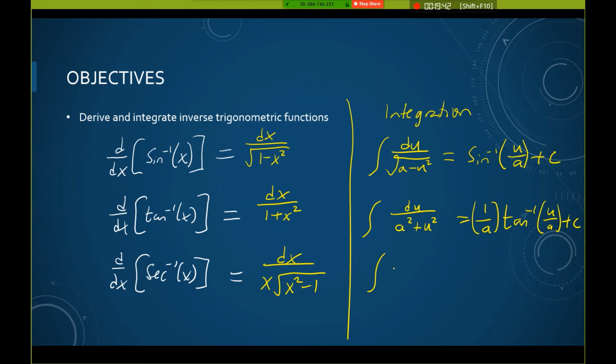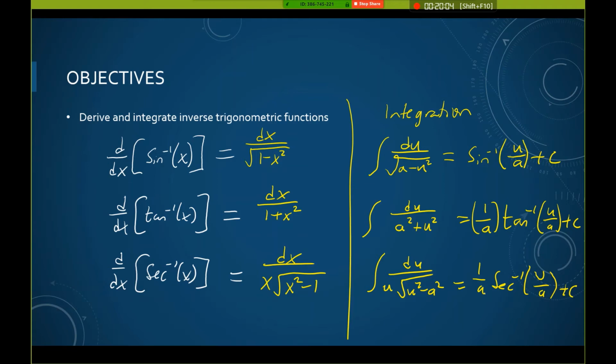And then if I integrate du over u, not x, u root u squared minus a squared, I would get 1 over a times the arcsecant of u over a plus c. Okay, gives us the last rules we need for integration for, I believe, the rest of the year.